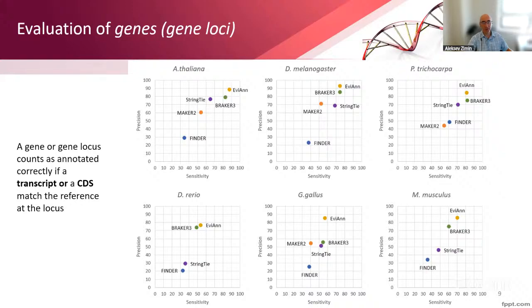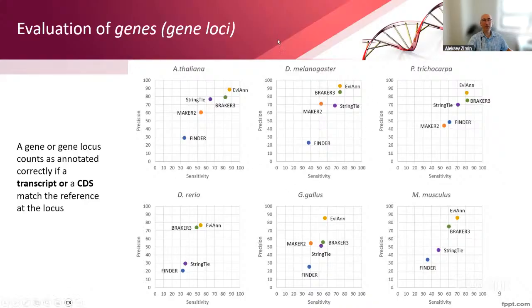And of course, if a pipeline annotates a transcript or CDS where a reference has nothing, that's a false positive. So here you can see that for Arabidopsis thaliana and Drosophila melanogaster, EviAnn is absolutely the best. For poplar tree, Danio, chicken, and mouse, again, EviAnn provides the best result.